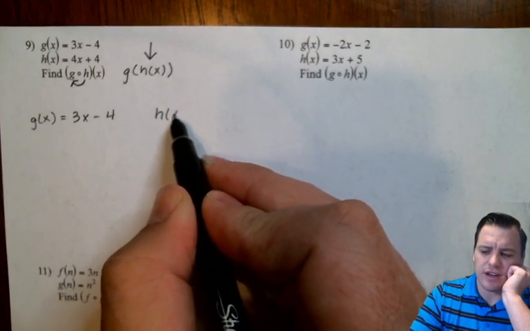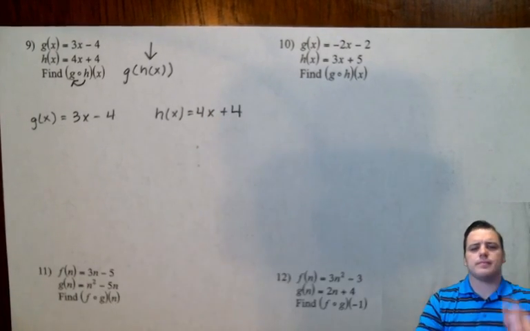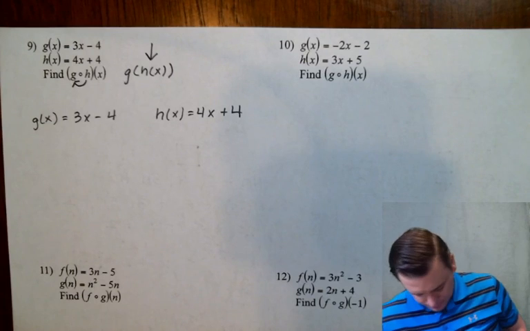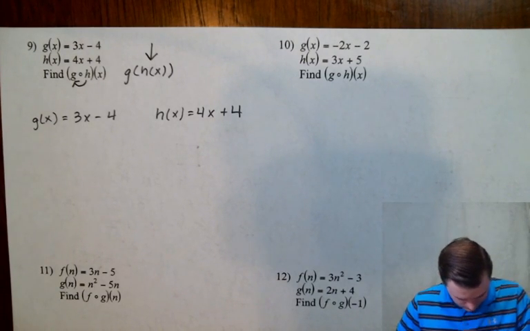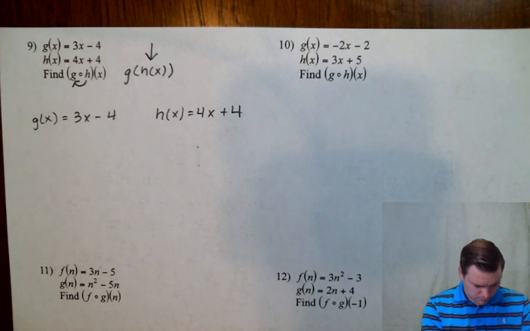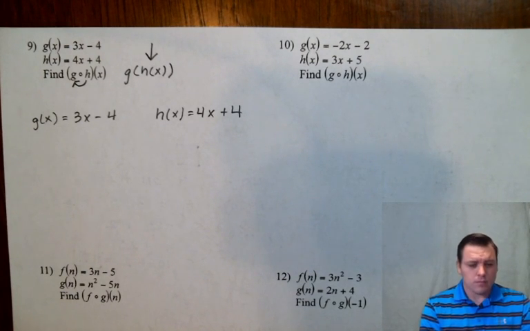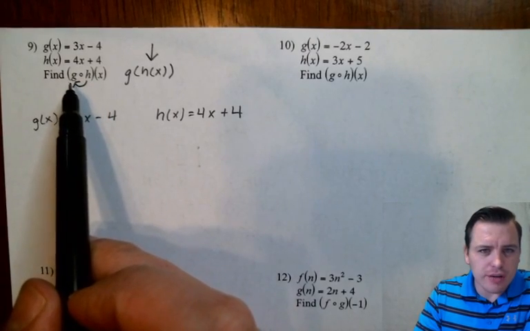I have h of x, which is 4x plus 4. So I am putting h into g, okay?